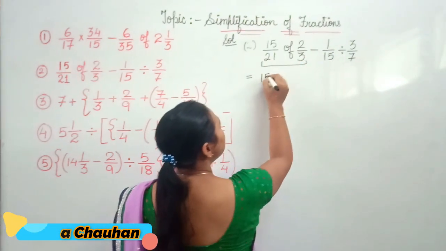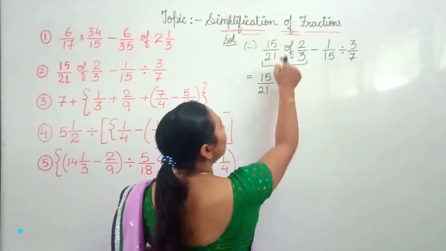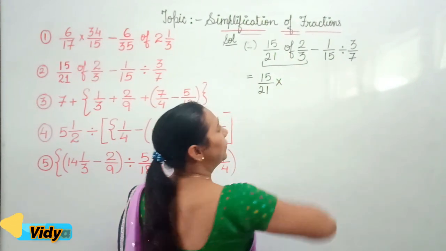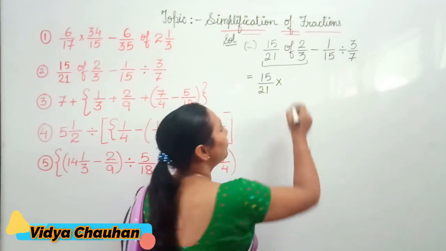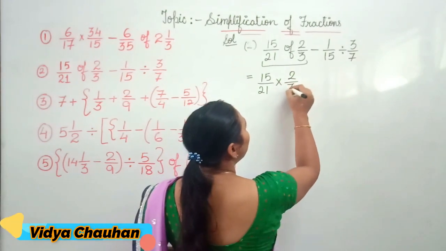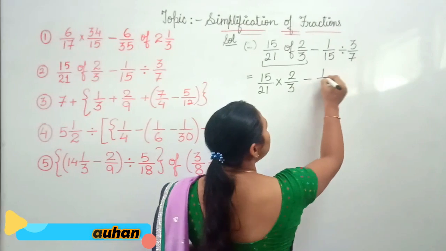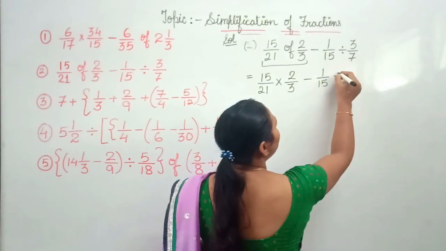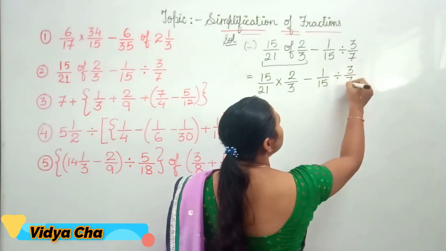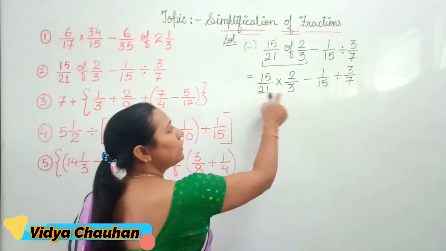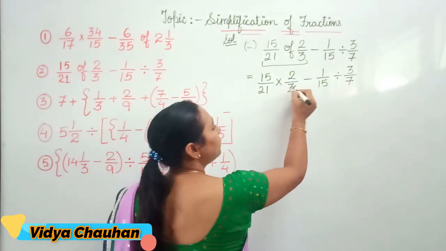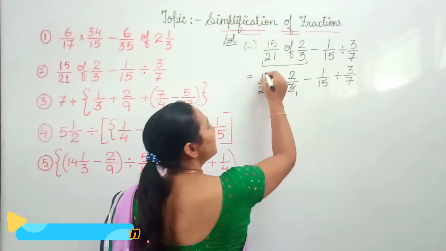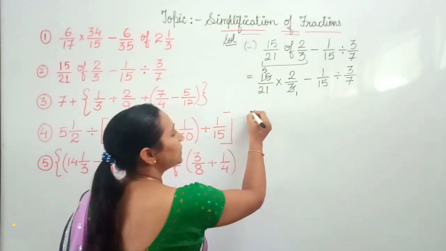So I can write it as 15 upon 21, and instead of "of" we will replace it by the sign of multiplication, 2 upon 3 minus 1 upon 15 divided by 3 upon 7. Now solving this term here, you can see that we can simplify 3 one times and 3 five times.